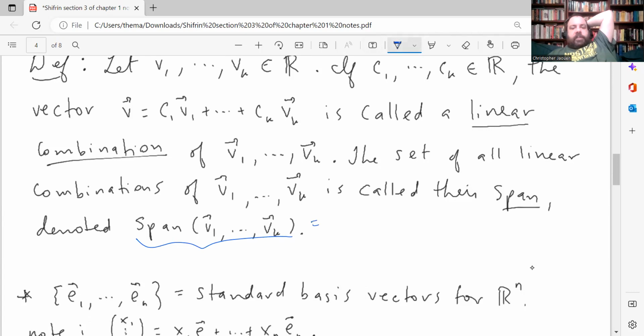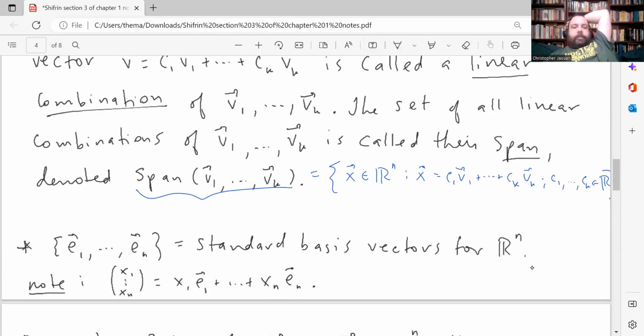In other words, if I write this out in set notation, it is the set of all linear combinations of those vectors.